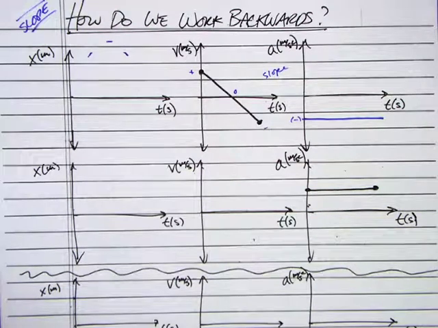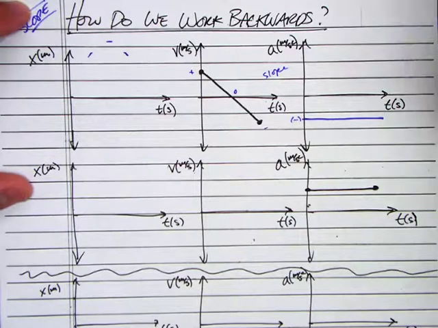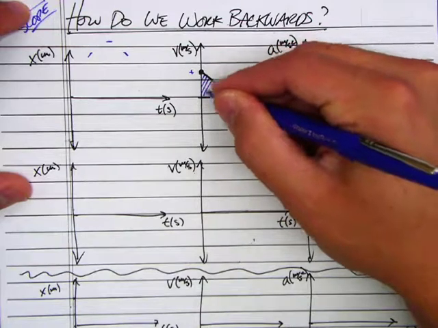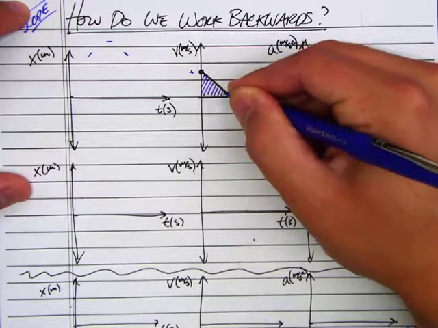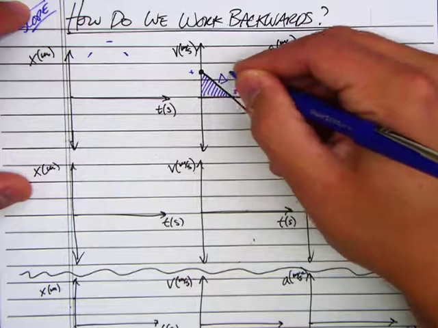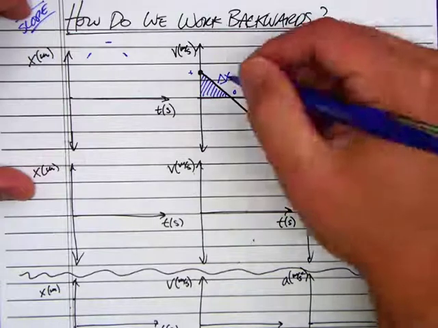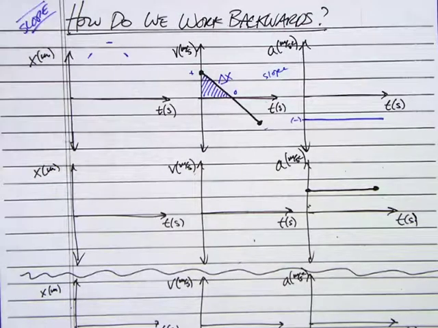But the question is, where do I draw it? And here's where there are limitations in working backwards. One analysis I can do off of the velocity-time graph is finding the area. The area will tell me my displacement. What displacement measures is change in position.